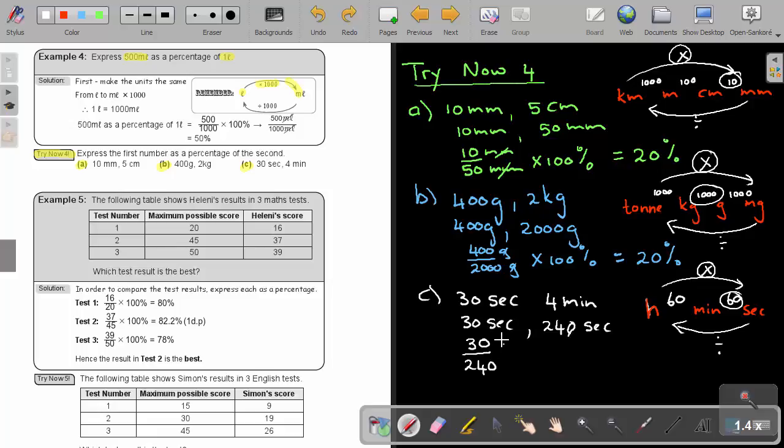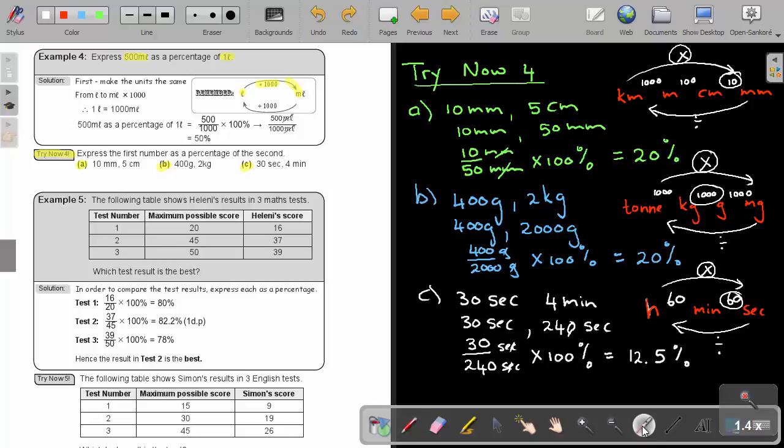And then the seconds will cancel out. I just want to show you. And then I multiply by 100%. And that will give me an answer of 12.5%. Okay. I'm going to stop with this one because the following one is just in the form of a table. But I think let's look at that one.